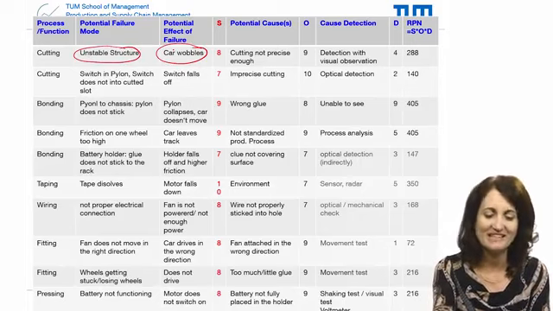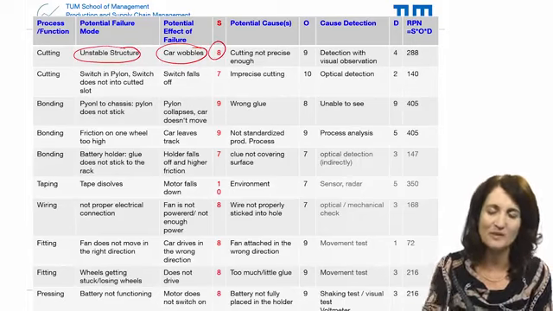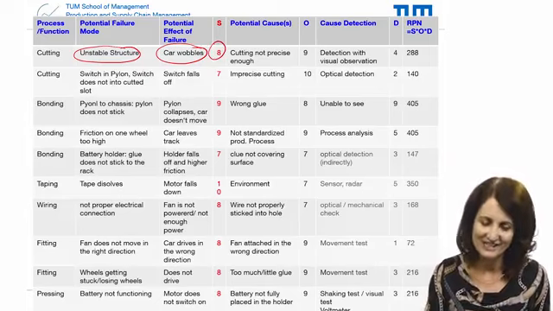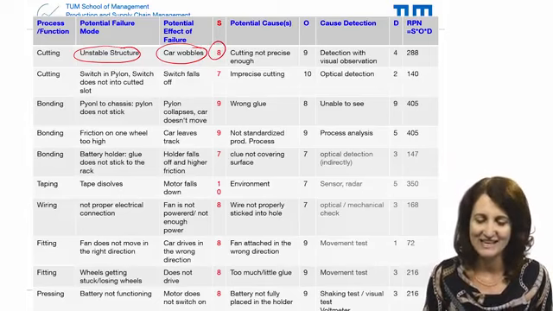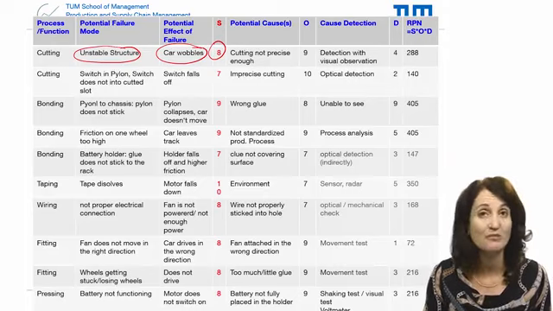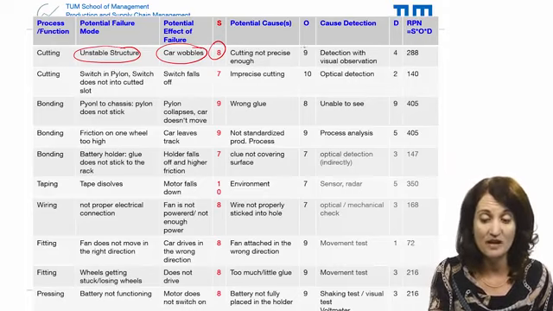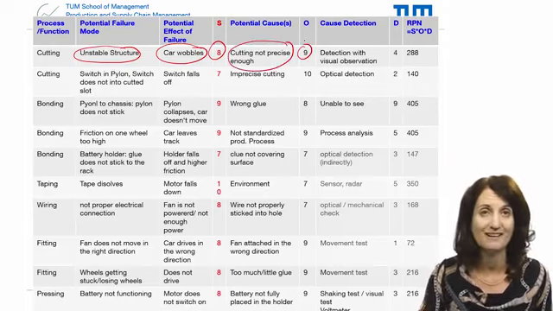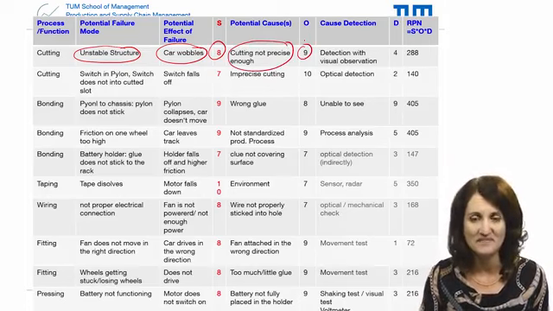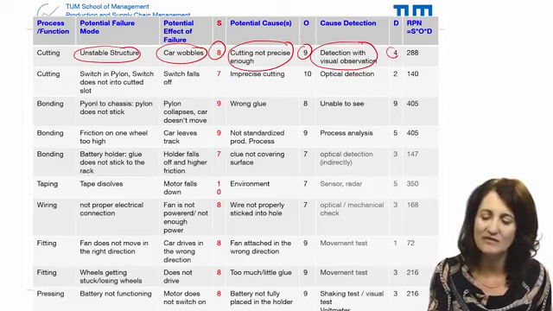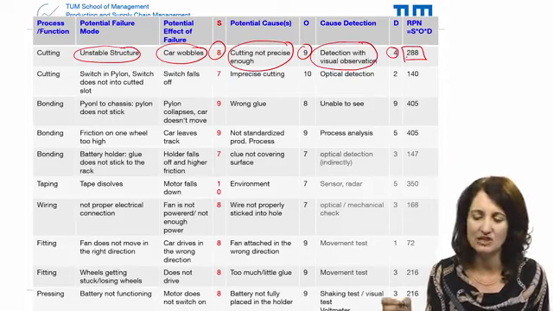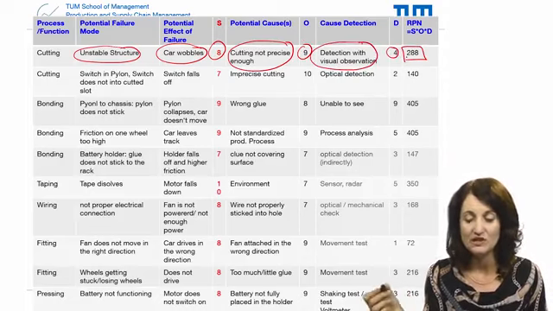Now, in this case, it's not going to kill anybody, but for the purpose of winning the race, it's not very good. This person has given a severity rating of 8, and the cutting is not precise enough. Well, that can happen a lot. So O becomes a high number, bad, 9, but you can detect it pretty easily. So you go to a 4. RPN is then 288, and so forth and so forth.